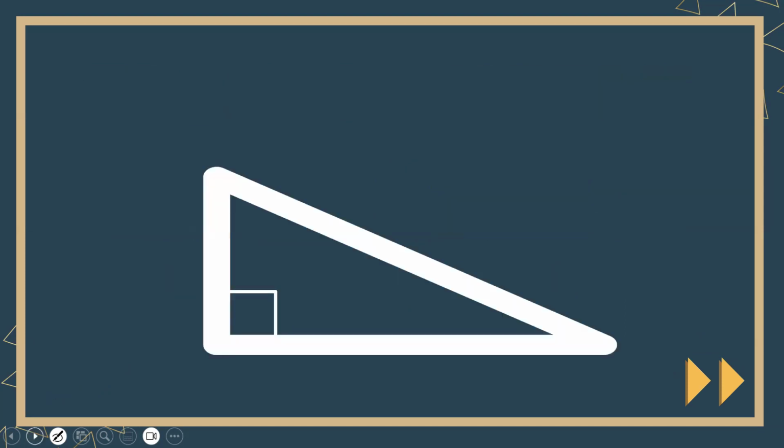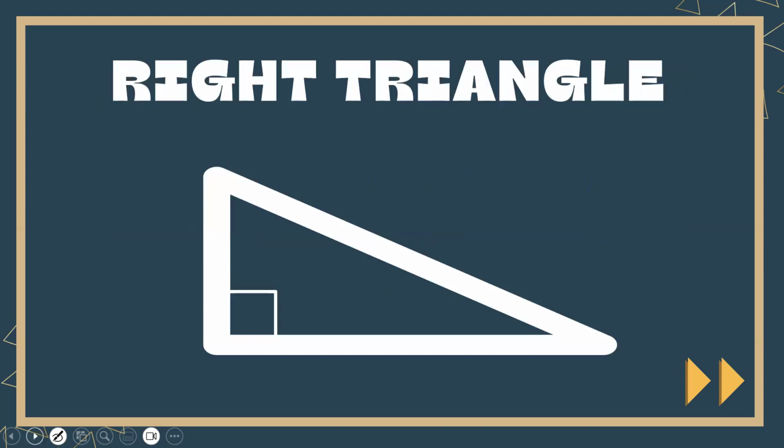So for example, we have this particular triangle. If we have a right triangle more specifically, and we label the vertices of the right triangle as capital A, capital B, and capital C respectively, then the sides opposite these vertices will be small letter a, small letter b, and small letter c.